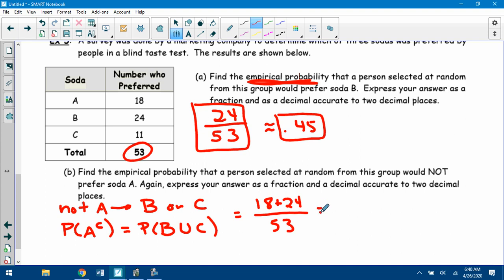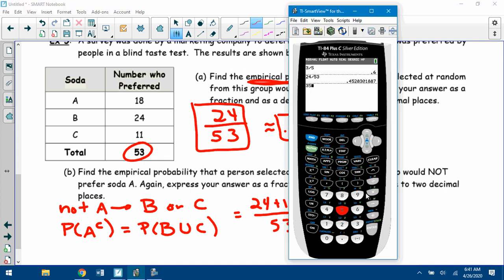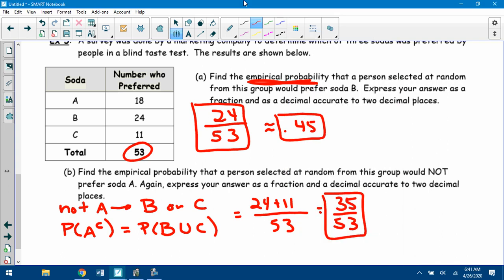So that's, oh, sorry. I don't want A or B, I want B or C. So 24 plus 11 out of 53. So it's 35 out of 53. That's it as a fraction. Or as a decimal, 35 out of 53 would be about 0.66.